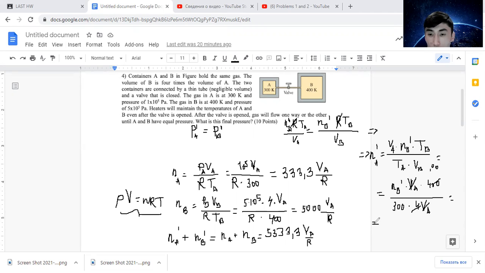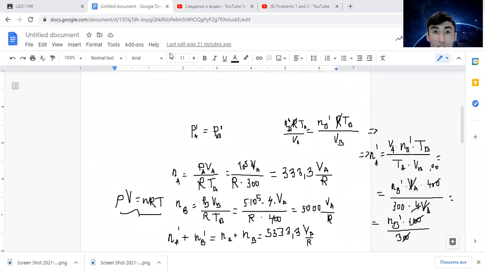So after this, NB times 100 over 300, right? Here also zeros are cancelled, and then it means NA equal to NB over 3, right? So here 3NA equal to NB.